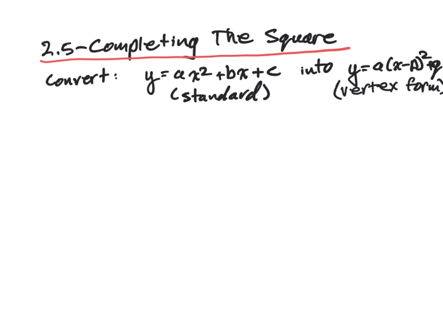Now, each of these different forms give us certain information. For example, during my lesson, I basically said that the standard form gave us the y-intercept. And the y-intercept is always the c value that's left over, right?